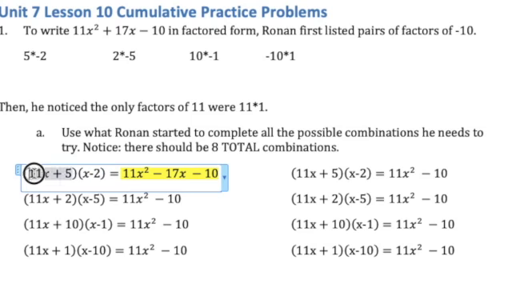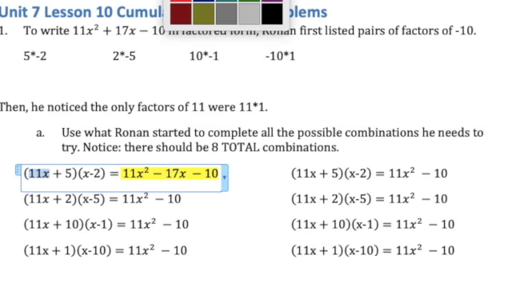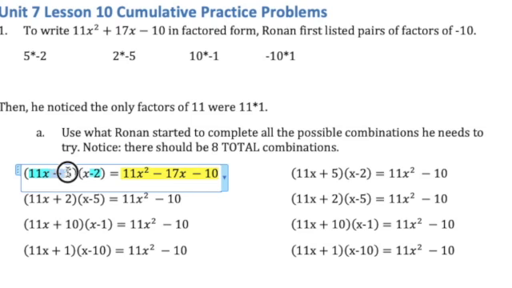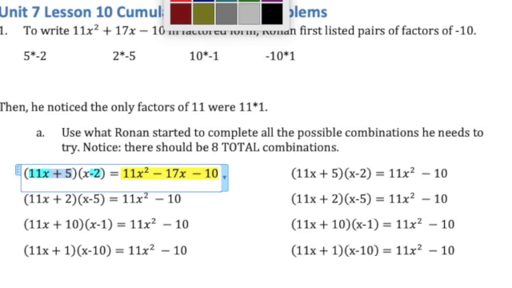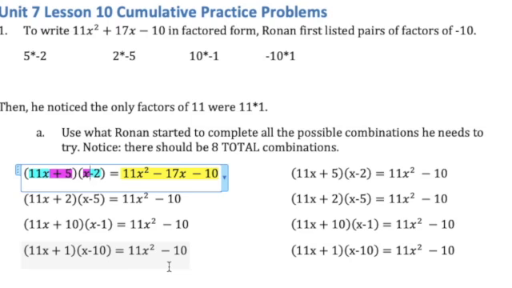So all we have to consider is multiplying the 11x by the negative 2 and multiplying the positive 5 by the x. Those are the only real pairs of things we have to consider, because we already know that all of the x squareds and all of the minus 10s are going to work.